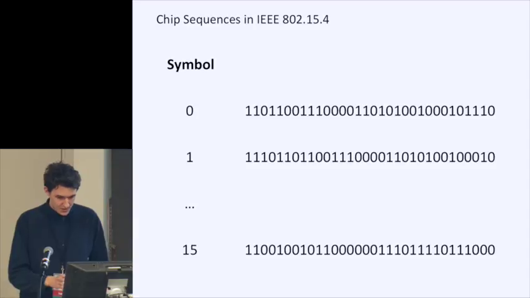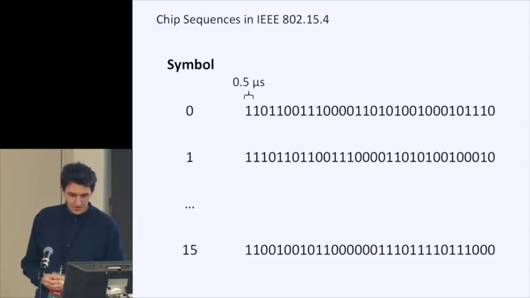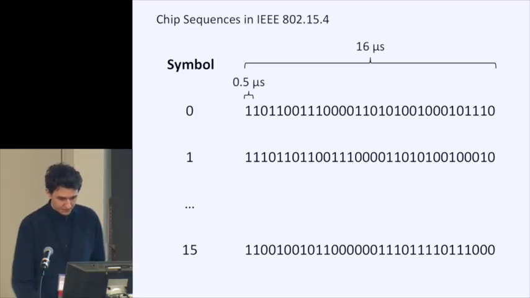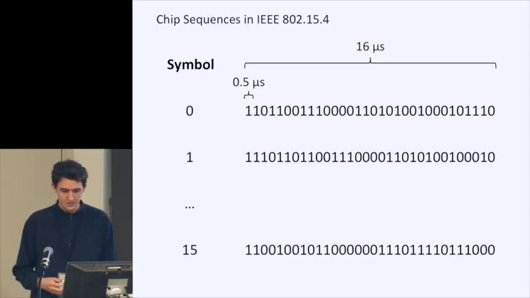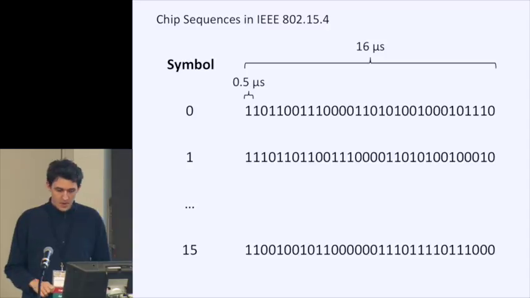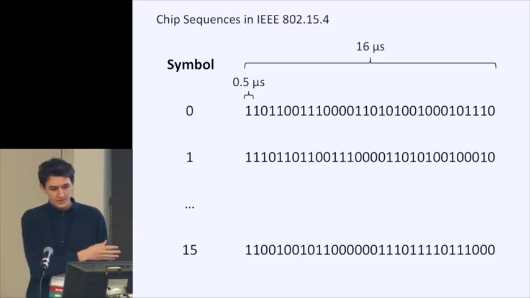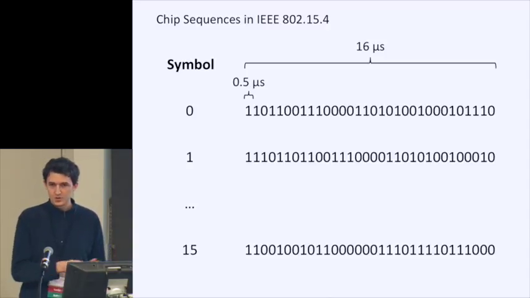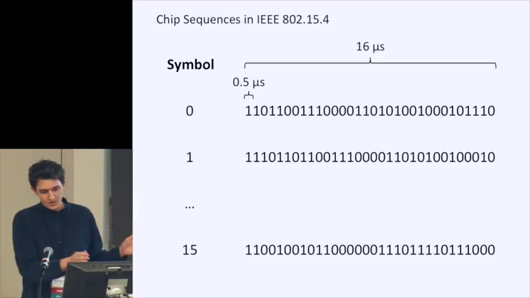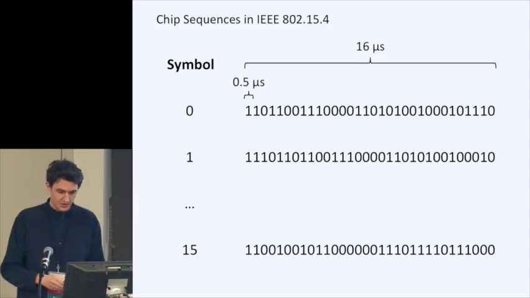It's a little bit more complicated than that, but that's generally the idea. One such chip is half a microsecond in length, and the whole symbol then lasts for 16 microseconds. Now when a receiver receives this sequence of chips, it knows, okay, next symbol starts here, it reads these chips and tries to match it the best it can to one of these 16 strings.